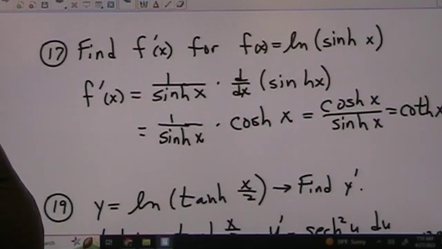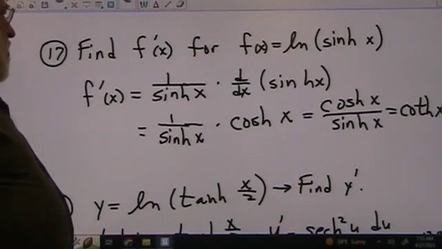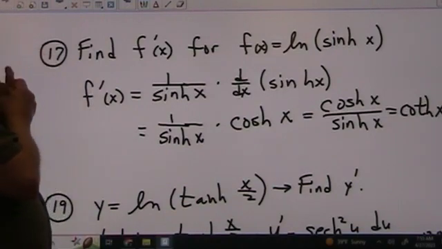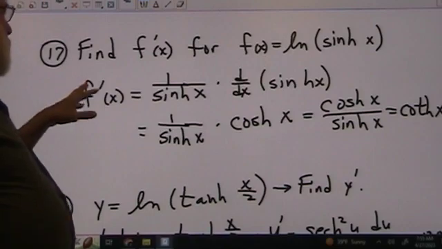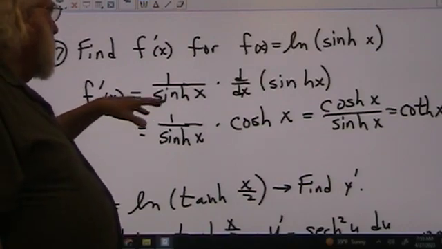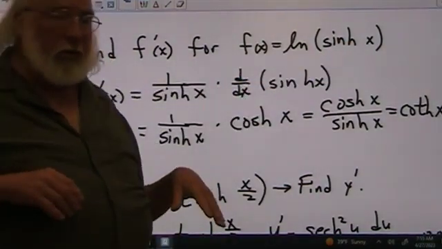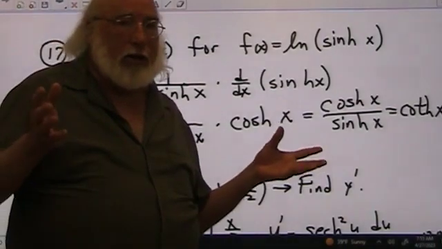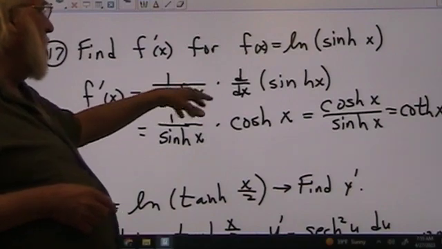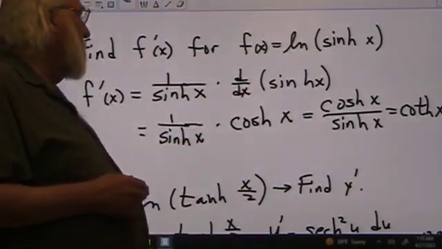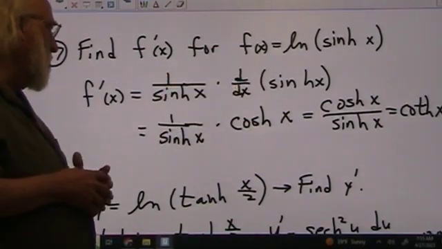For the next, we're trying to find the derivative of the natural log of sinh x, or the hyperbolic sine of x. So again, using the natural log derivative theorem that was associated with that, the derivative is 1 over sinh x times the derivative of sinh of x, and that is equal to cosh x, or hyperbolic cosine of x.